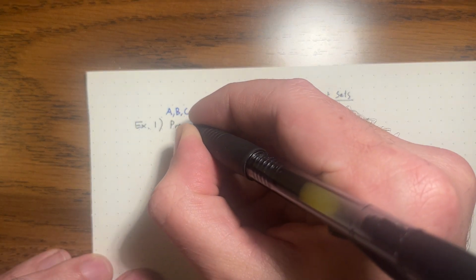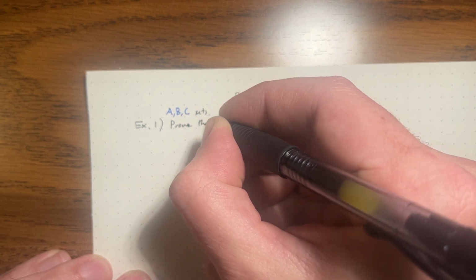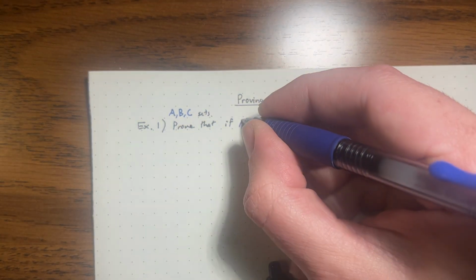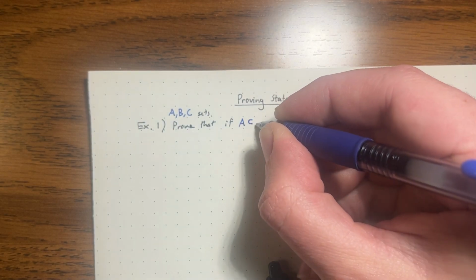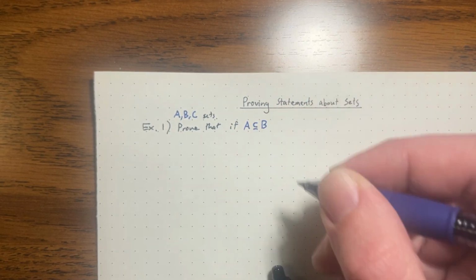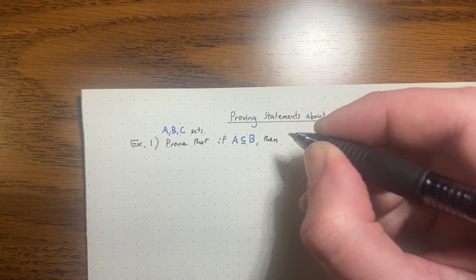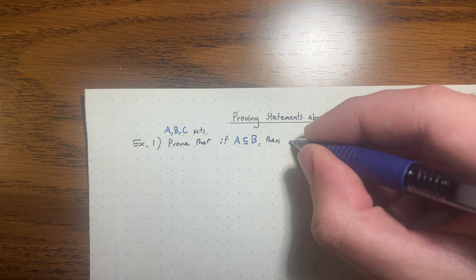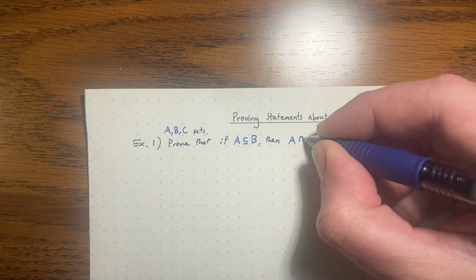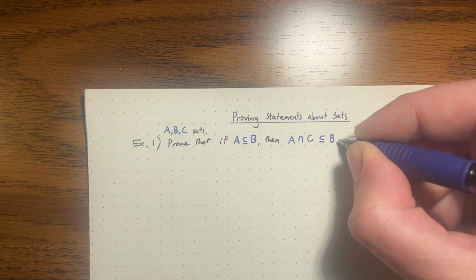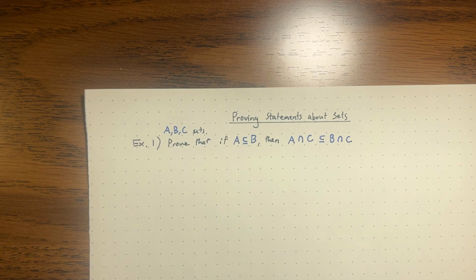But I want to prove that if, so a conditional statement here, if A is a subset of B, then A intersect with the set C, whatever it is, is a subset of B intersect C.